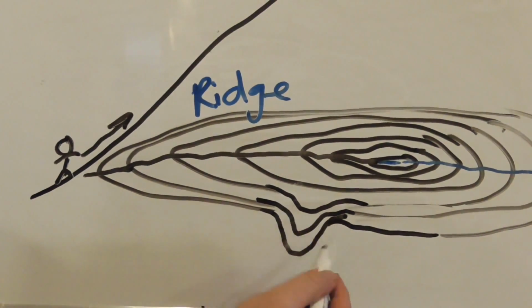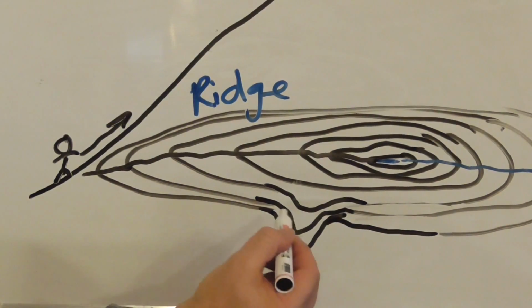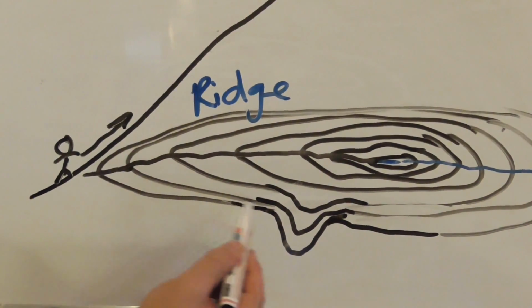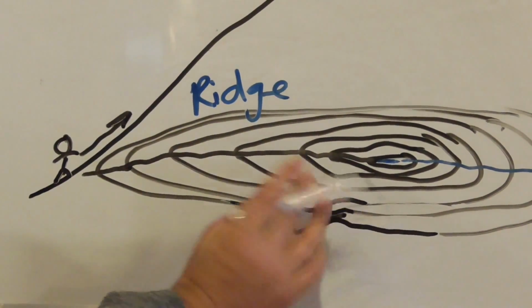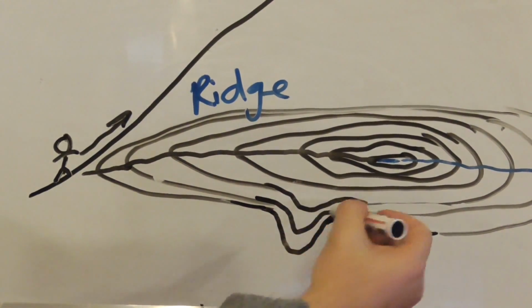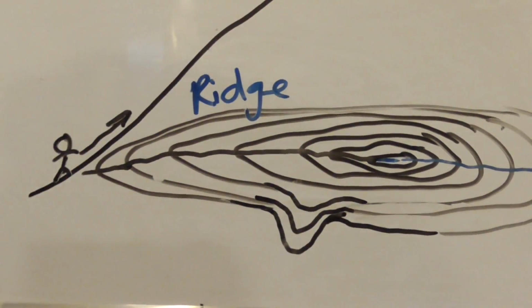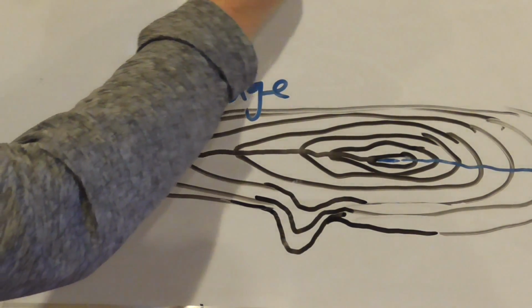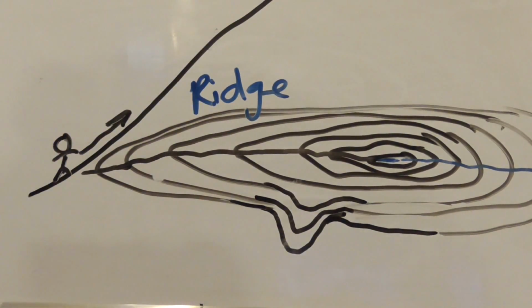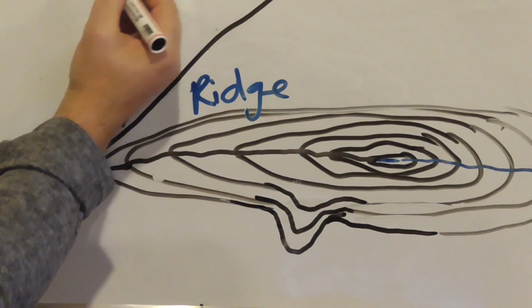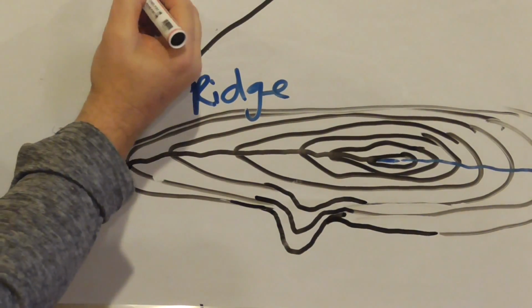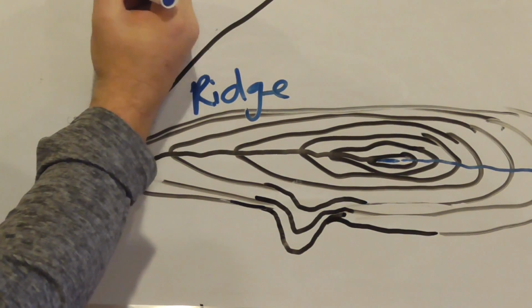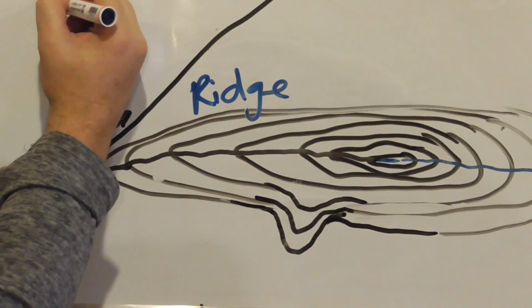Okay, so a spur line is something where it juts off the actual side of this main feature. Okay, and it sticks out. So let's say we had our ridge here like that. There's our ridge. And a spur line would sort of be a feature that comes off.